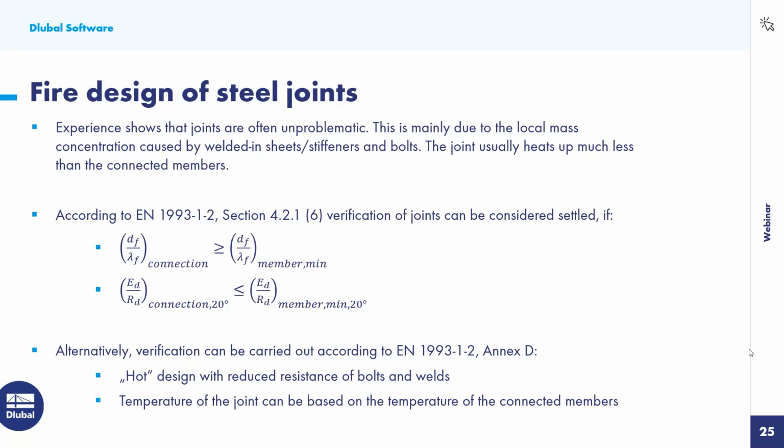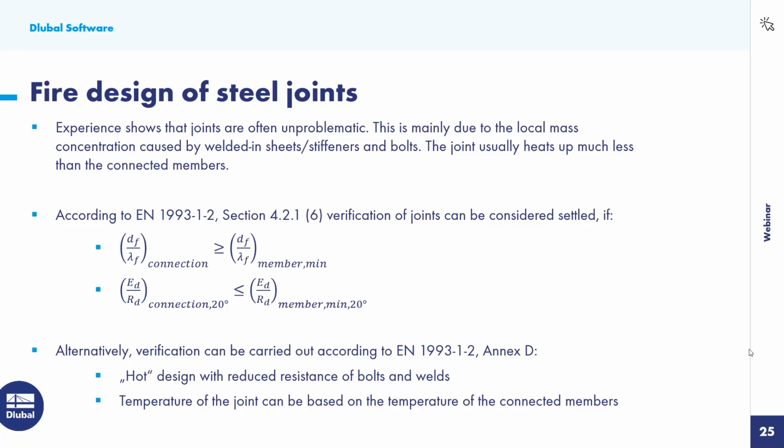Alternatively, if these requirements are not fulfilled, we have Annex D to do a hot design of our connection components, such as the welds and the bolts. And here again, we have to determine a temperature, and that can be based on the connected members.